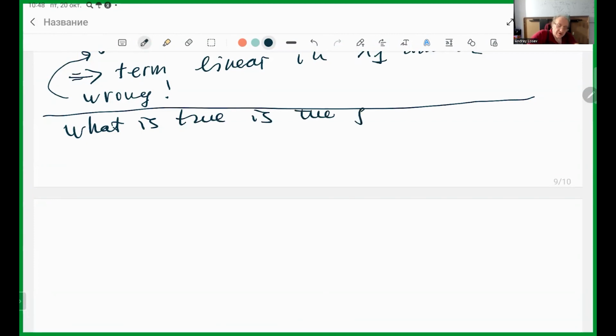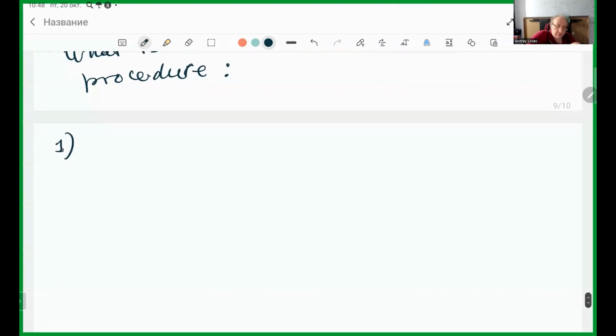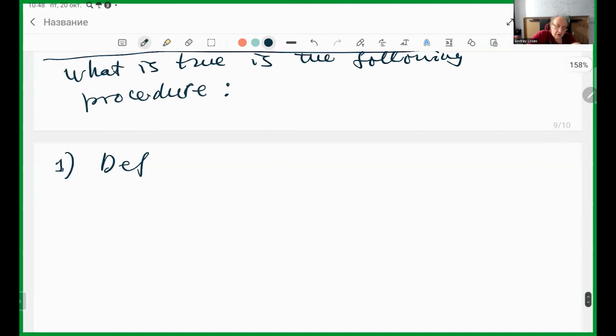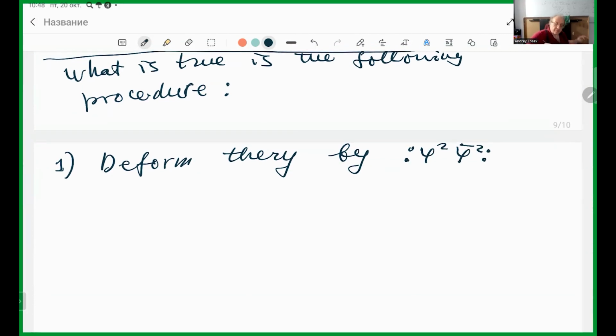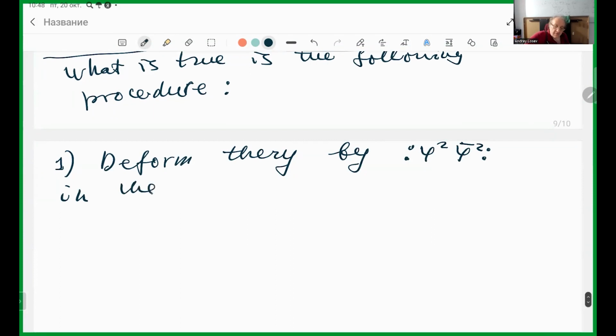Is the following procedure. One, deform the theory in the first order in lambda 1.